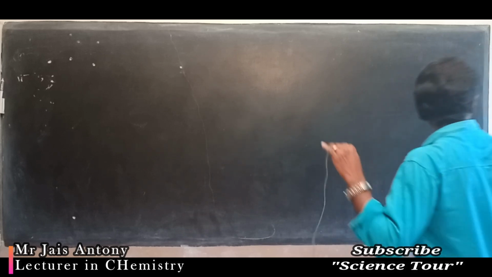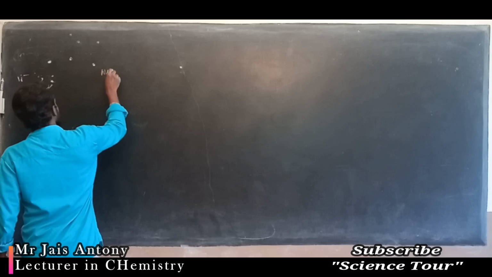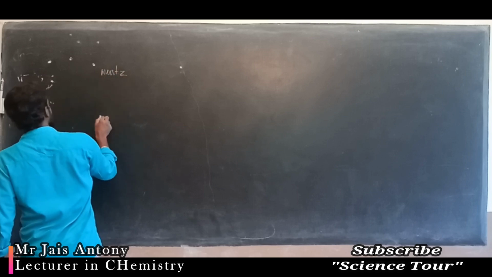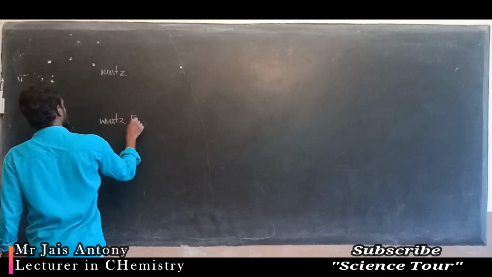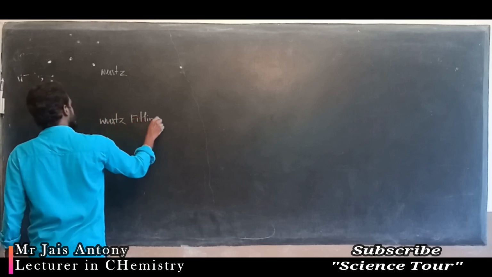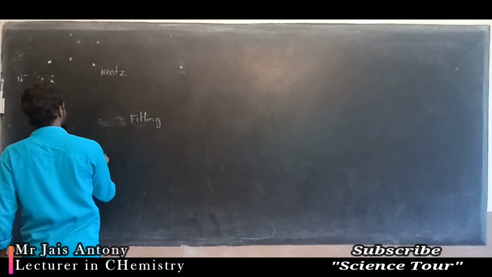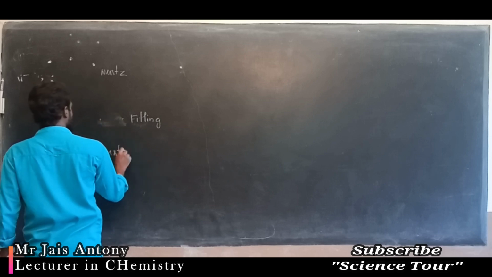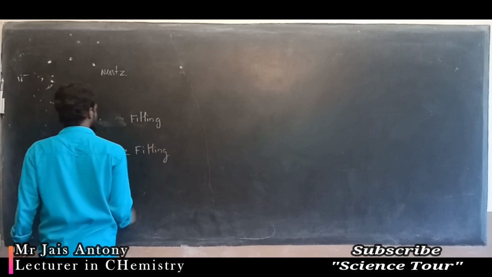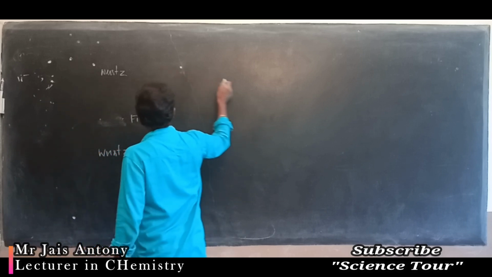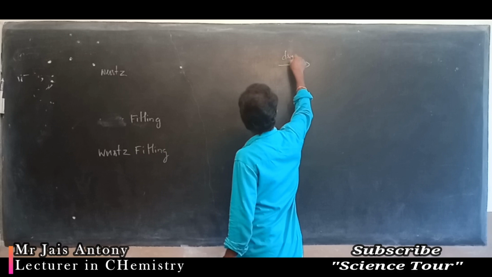And here students, three more reactions I will write: Wurtz, Fittig, and Wurtz-Fittig. In these three reactions there are many similarities. The first common thing is that dry ether is used as the reagent in all cases.